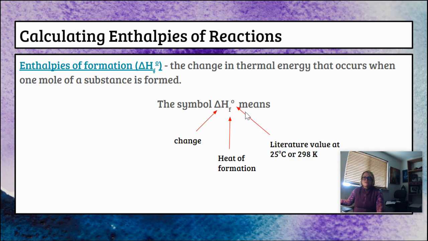And that little degree symbol means that this data was taken when the temperature of the surroundings was 25 degrees Celsius or 298 kelvins. So when you see these data points with the little degree symbol, that's what that means.